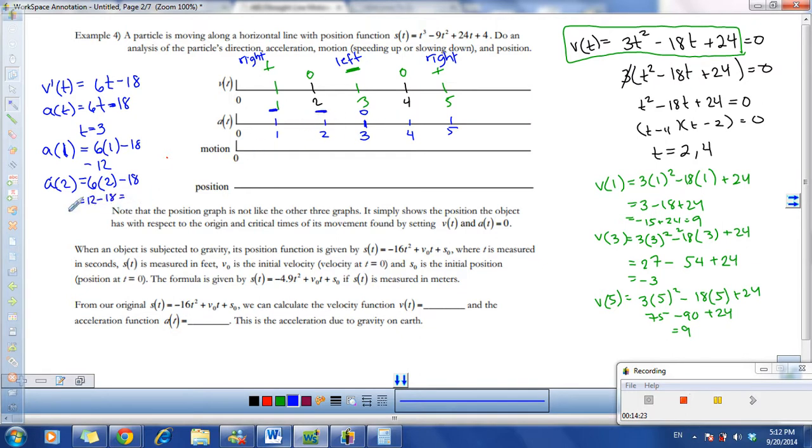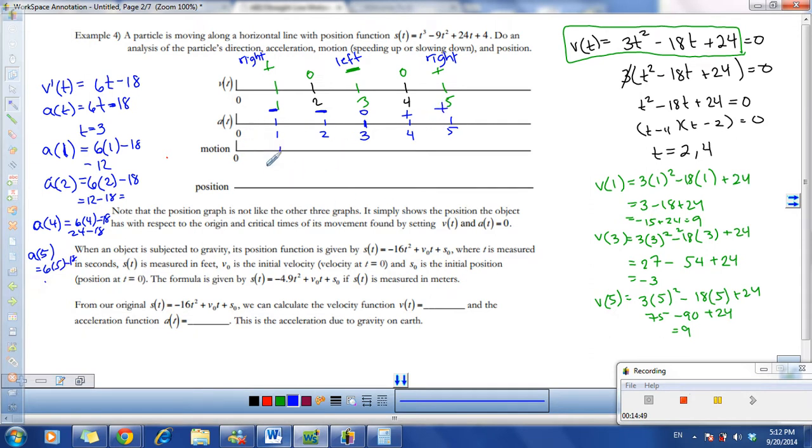Then at a of 4, 6 times 4 minus 18 is 24 minus 18, a positive number. And at a of 5, I get 6 times 5 minus 18, also positive.